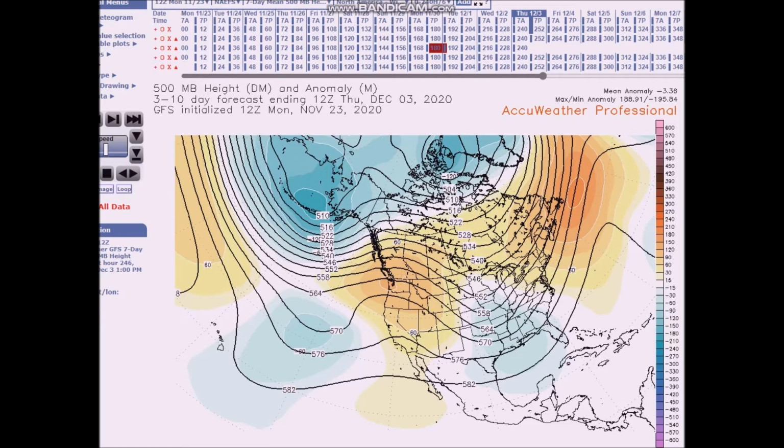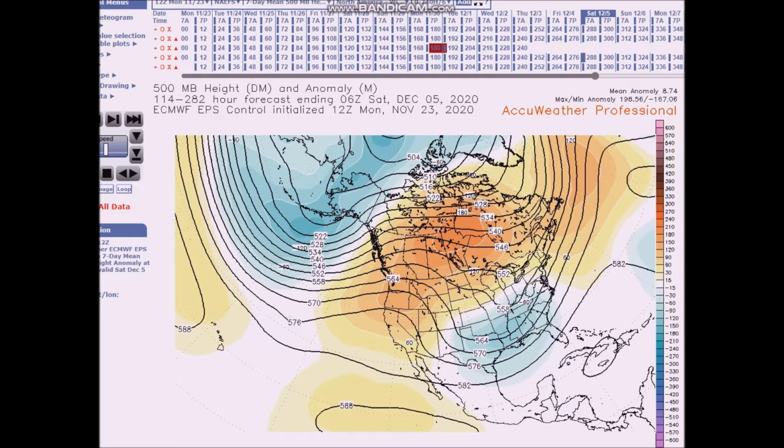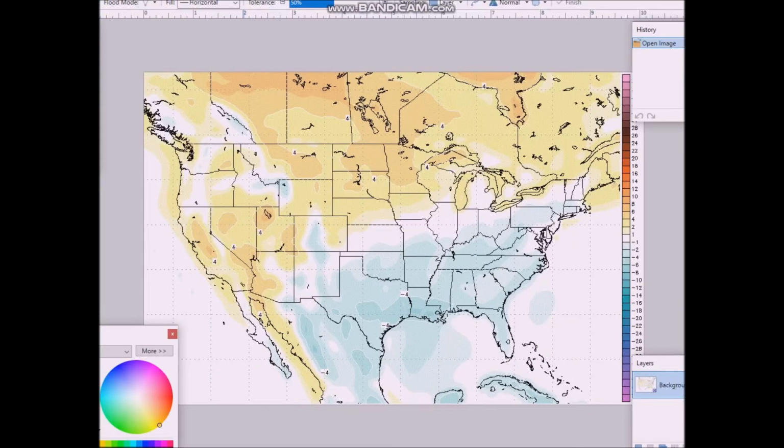Now, the models are in pretty good agreement with this. So for this forecast period, I'm forecasting above normal temperatures for much of this region here, with anomalies of 4 degrees above normal, and below normal temperatures forecast for the southern plains into southern New England, with anomalies of 2 to 4 degrees below normal.